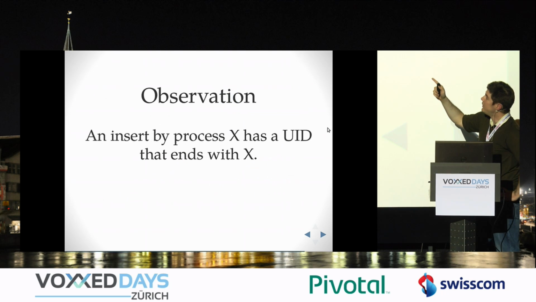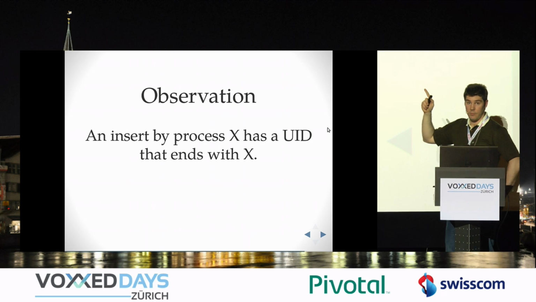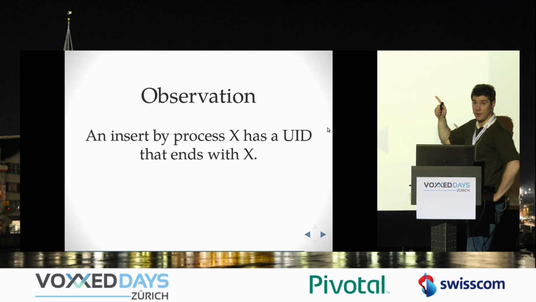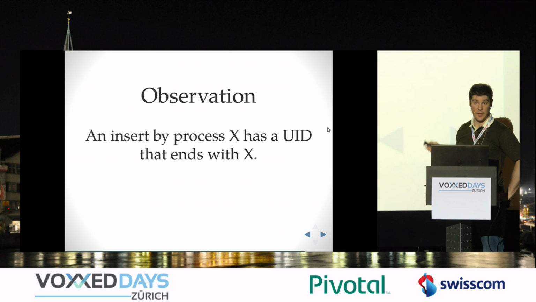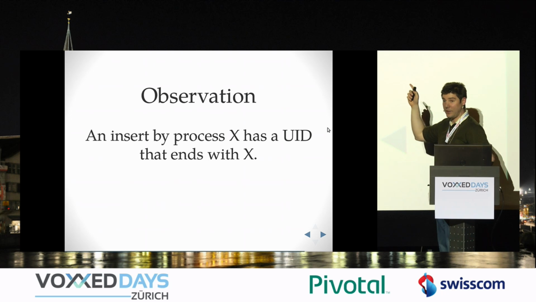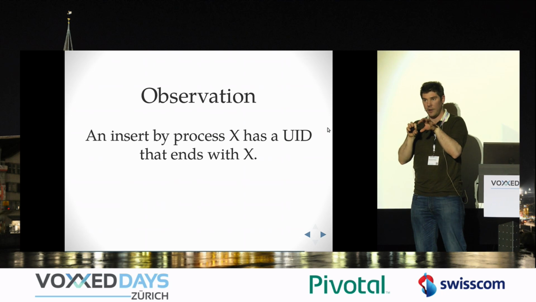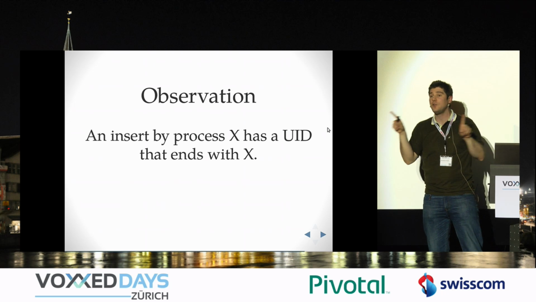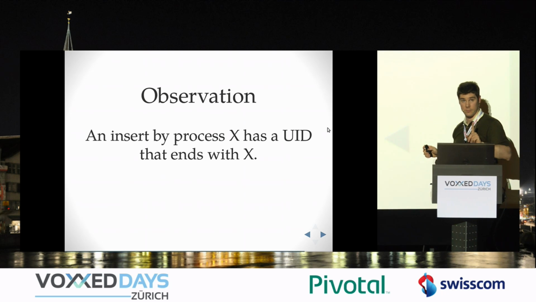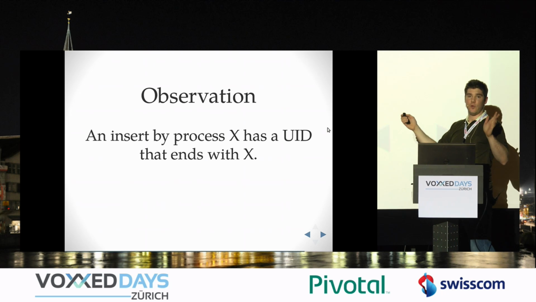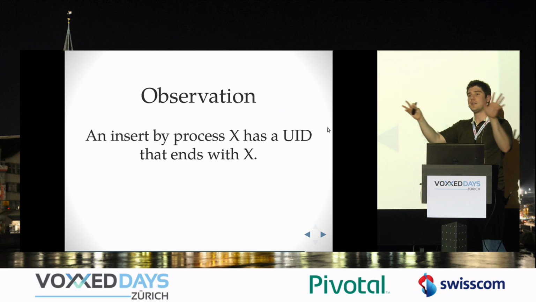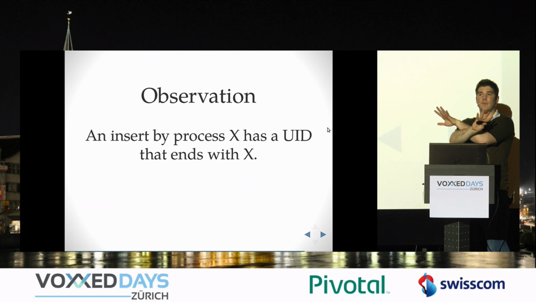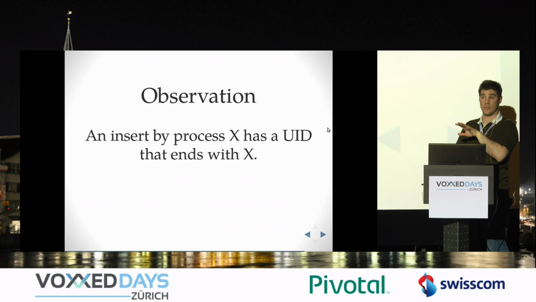This means that an insert by a process X will happen at a unique ID which ends with X. But if every insert by process X ends with X, that means that 2 processes X and Y never use the same unique IDs. And if they don't use the same unique IDs, that means that their broadcasts can commute. It doesn't matter in which order they arrive at the destination.